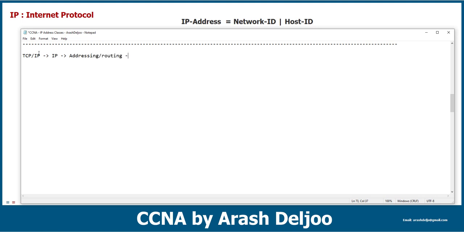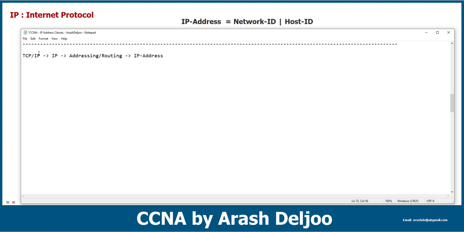And you know that IP has one of the most important functions of TCP/IP, and one of the features of IP is the IP address.